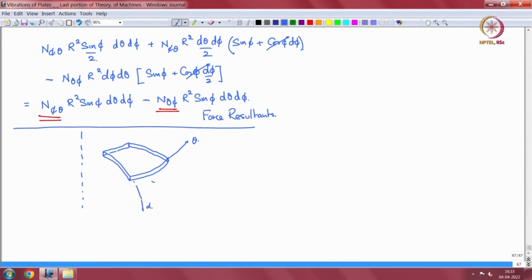So this twisting moment is m phi theta on the positive side, and this twisting moment is m phi theta on the back side. I am ignoring the increments now. Then this twisting moment is m theta phi, and the twisting moment on this face is also m theta phi.